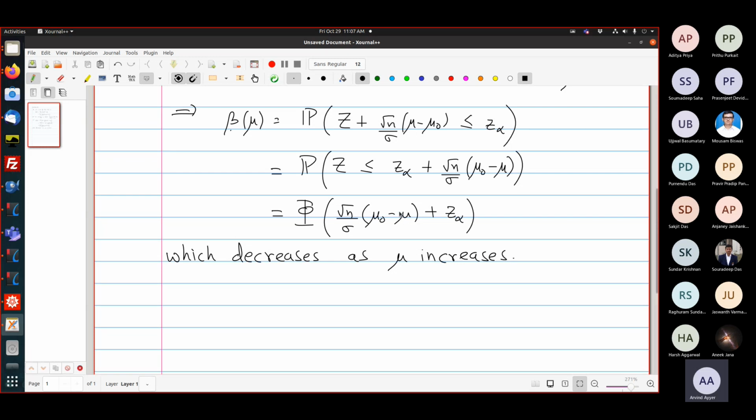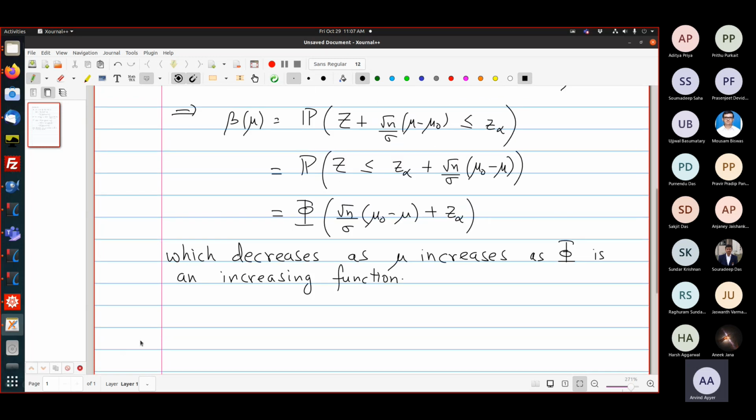As mu increases, this number becomes smaller, and phi is an increasing function. Okay, we will use this point very soon.